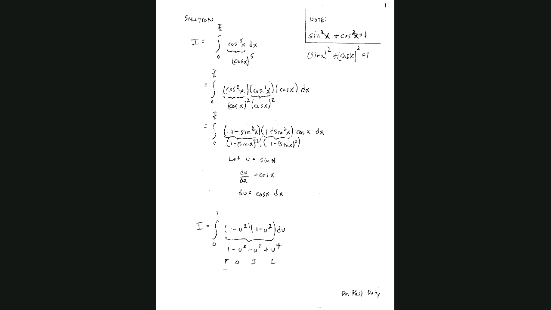This is the way that many American schools teach it. You could use the distributive property instead: take 1 minus u squared and multiply that by 1, and then by the negative u squared.